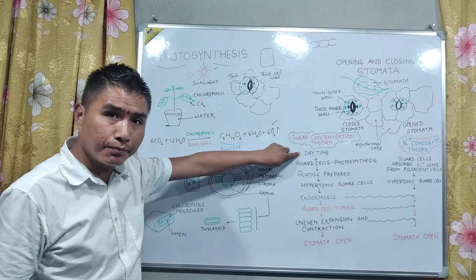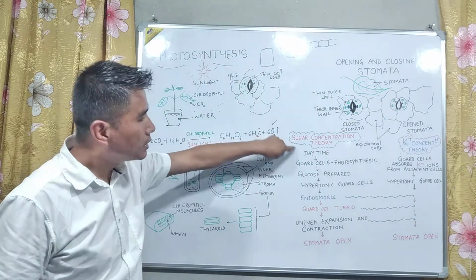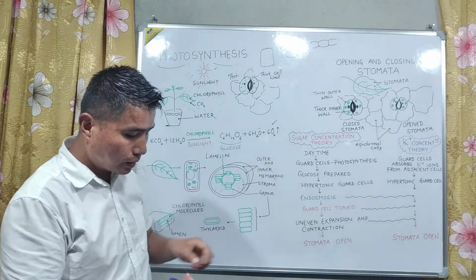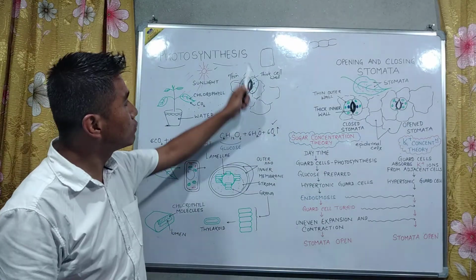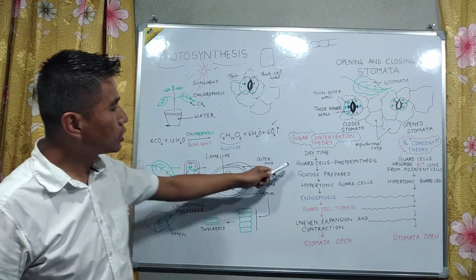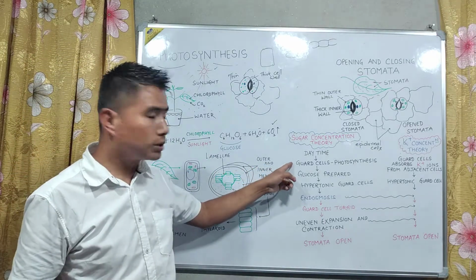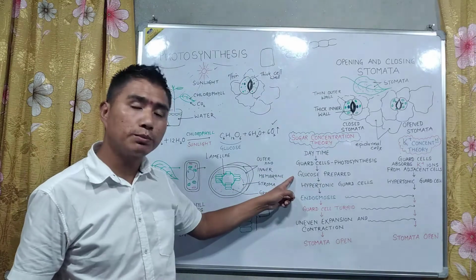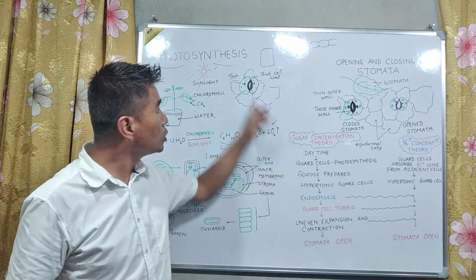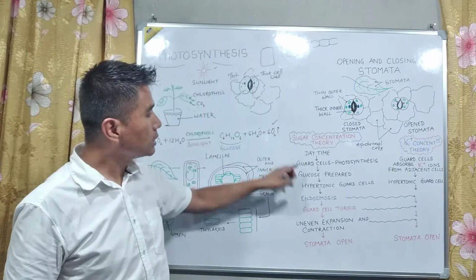Fine. Now, sugar concentration theory. During the daytime, sunlight is there, so each guard cell will photosynthesize. When they photosynthesize, what is prepared? Glucose is prepared in the guard cell, because of chloroplast.